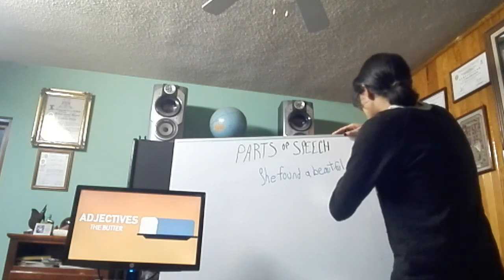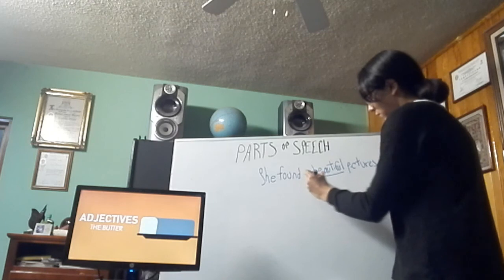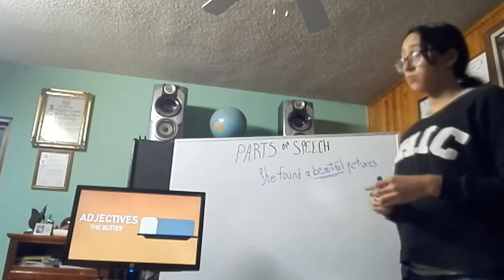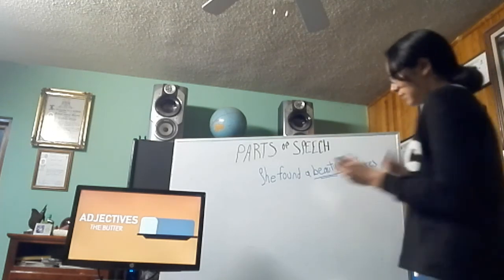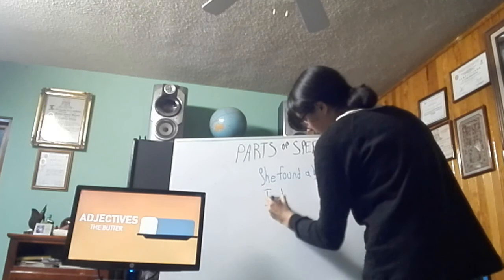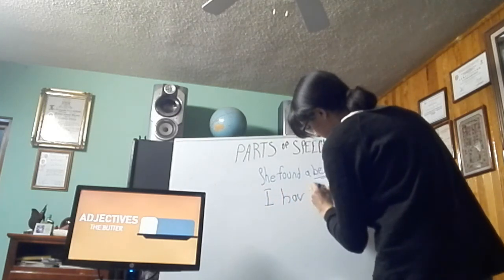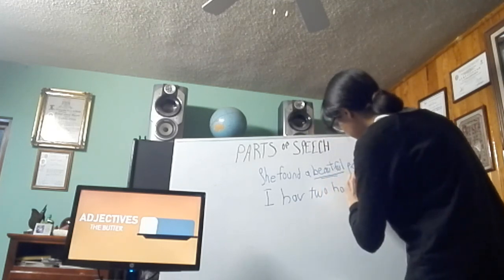But maybe in a sentence, you can also say, I have 2 hamsters. In this case, you are using an adjective that is telling you a quantity. It's telling you a certain number that you have. In this case, 2 is the adjective.